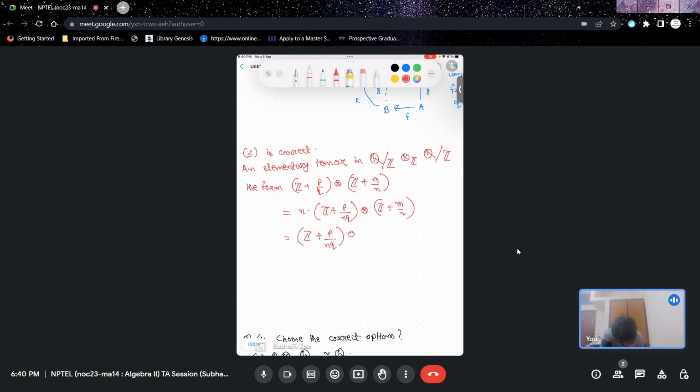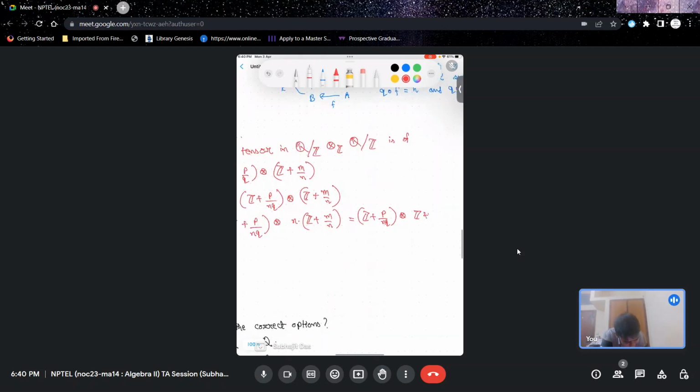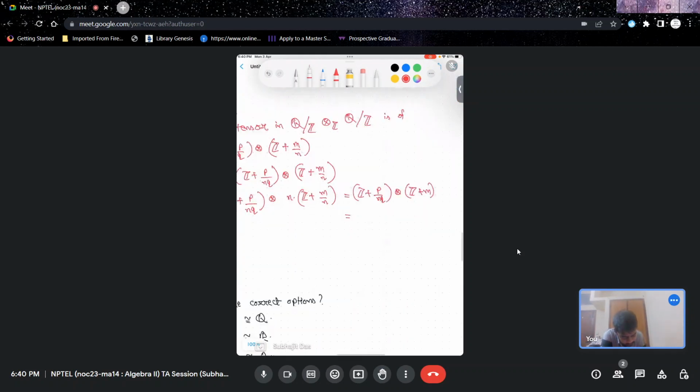So this is tensored with n times z plus m over n, which is equal to z plus p over nq tensored with z plus m, but z plus m is precisely your 0, the identity element of Q mod Z, so this is 0, right?